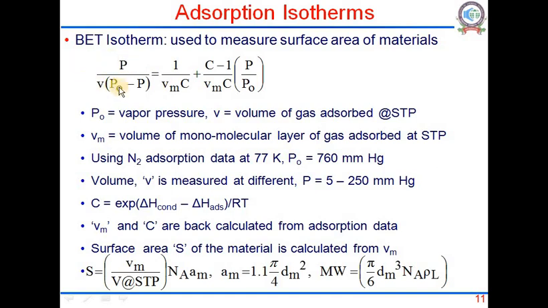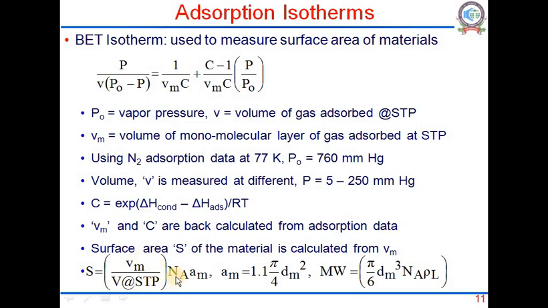If you plot this as the y-axis versus this as the x-axis, you will get slope and intercept. From the intercept you can work out Vm, the volume of monolayer adsorption of the gas. From this volume you can now work out the surface area. For example, if you divide the volume by the volume at STP, 22.414, that tells you how many moles are adsorbed in the unimolecular layer.